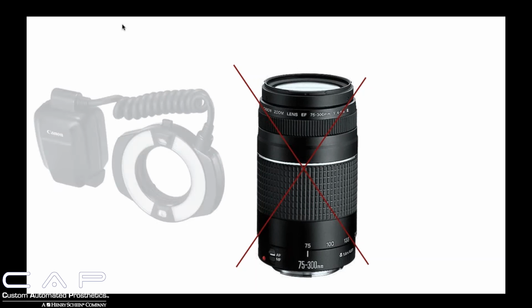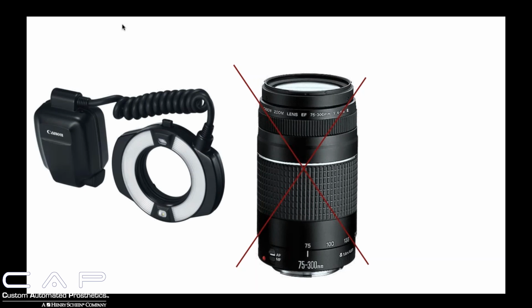The other thing is the ring flash, and I know a lot of people love their ring flashes. When you go to any show, whether it be the Midwinter Meeting in Chicago or what have you, there's always a booth set up with people selling ring flashes. And I don't want to knock a ring flash completely, but for proper shade taking and accuracy, the ring flash is not so great.